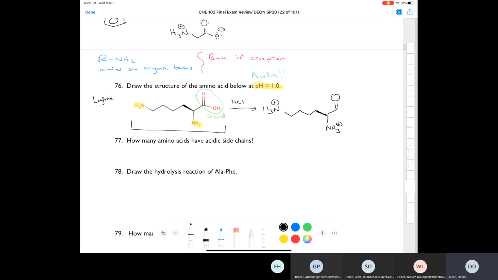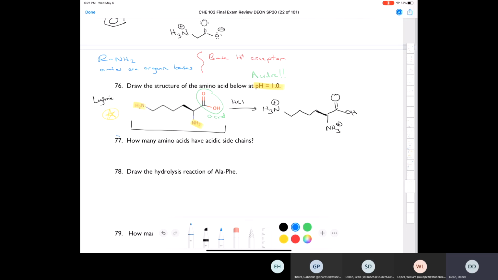I hope you remember that we went over this one night in class. We practiced what would happen if you put an amino acid in a strongly basic environment and in a strongly acidic environment. So anything that can be protonated, which would be a base, will be protonated. I hope that helps. If you need to look over that, make sure to take a gander at it. You won't need to draw anything, but make sure you at least understand the concept.